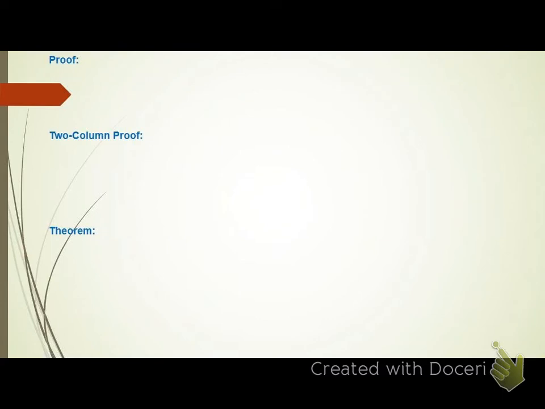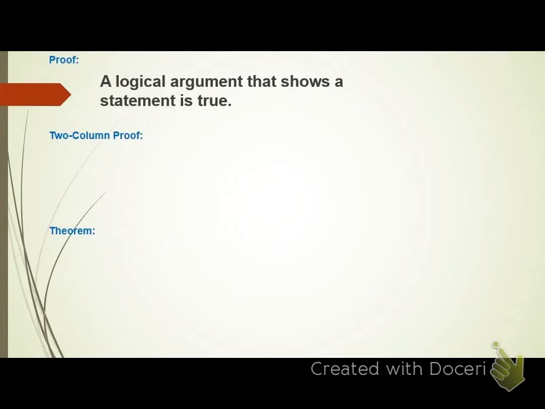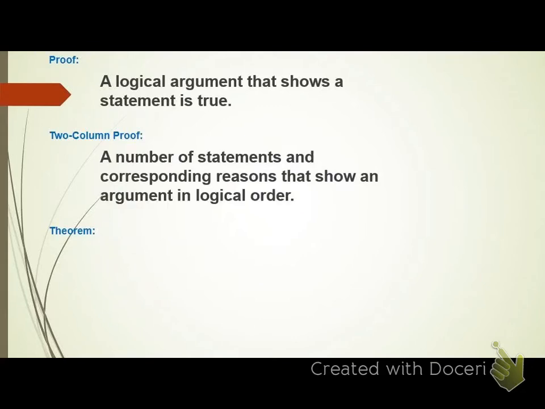We've been doing this stuff, but we haven't actually defined the first two, a proof. A proof is a logical argument that shows a statement is true. Lots of different kinds of proofs. We'll focus on two-column proofs. Two-column proofs is just a nice structure. It's a flow. It's a logical order.